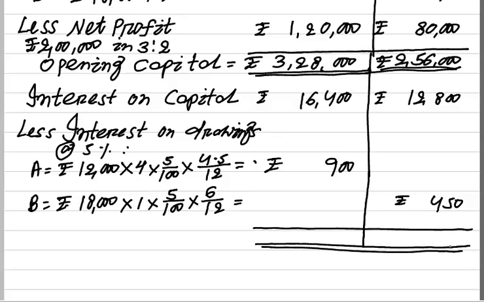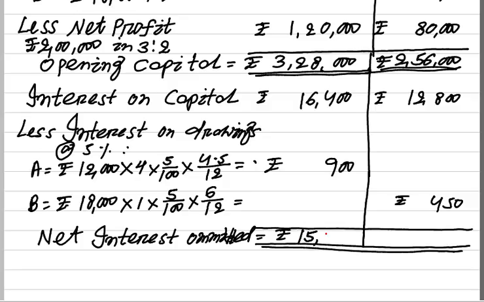Net interest omitted is rupees 15,500 for A, and rupees 12,350 for B.